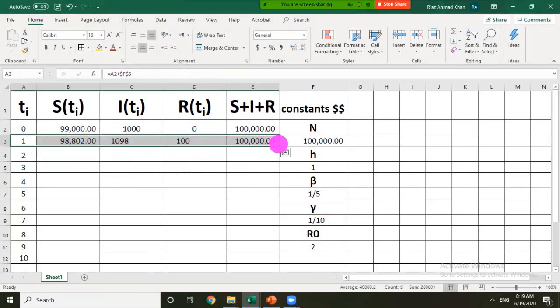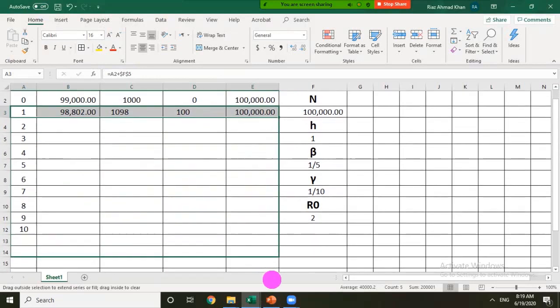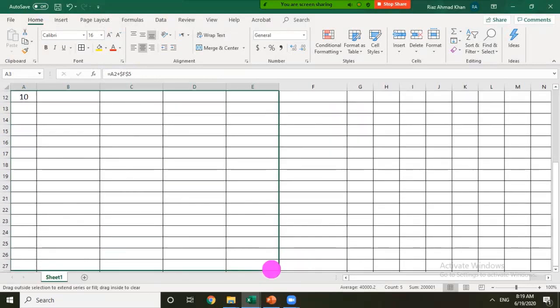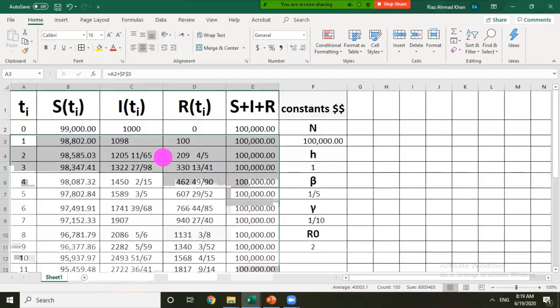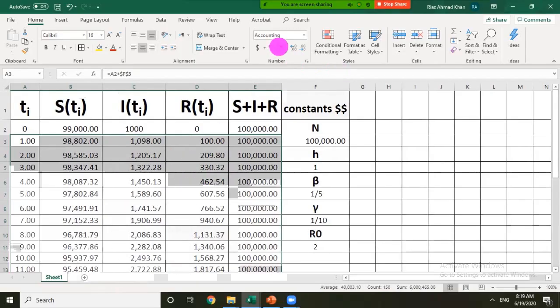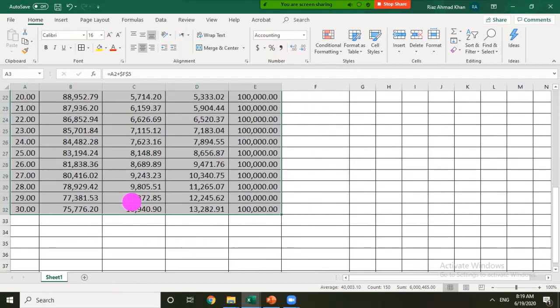Let us apply this to the remaining cells up to 30 days. This is up to 28. Let us apply this notation here. Now after 30 days, the susceptible population is 7,500,776.